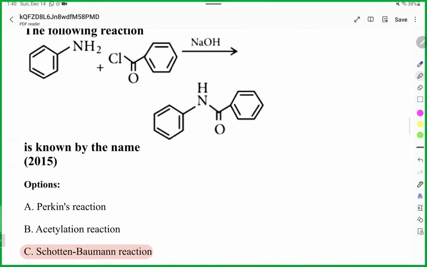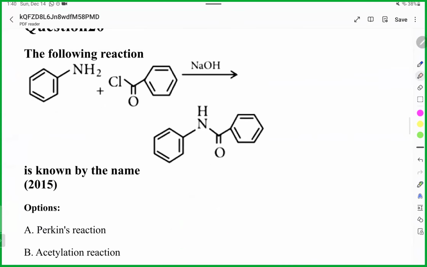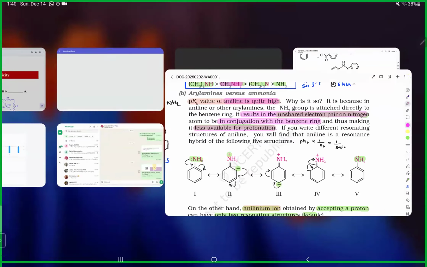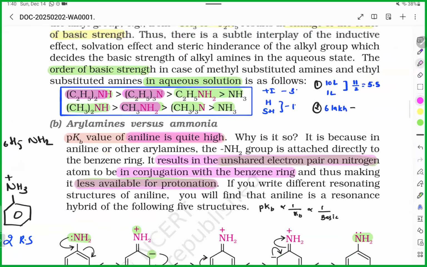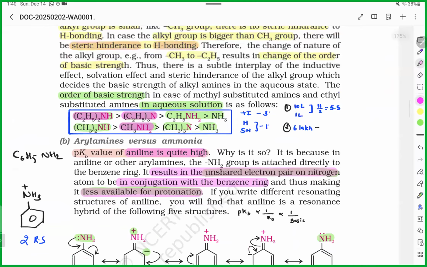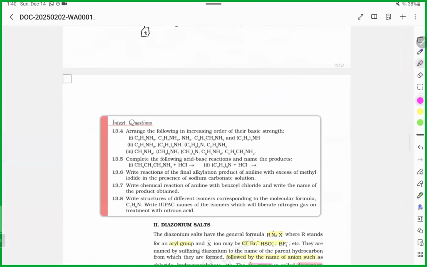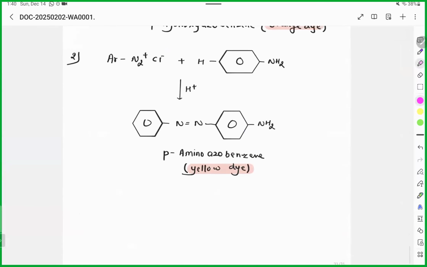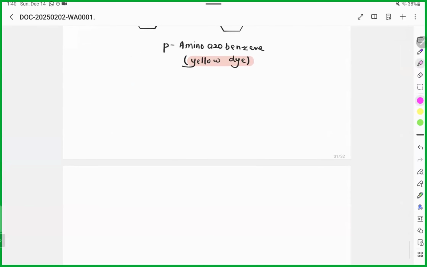Schotten-Baumann reaction. So what will happen? NCERT did not write this, but we will write the Schotten-Baumann reaction. This is the benefit of solving questions: you can prepare your notes. In the end, I will write this, and I'll write it in the NCERT part also.